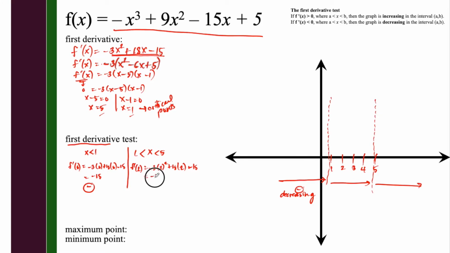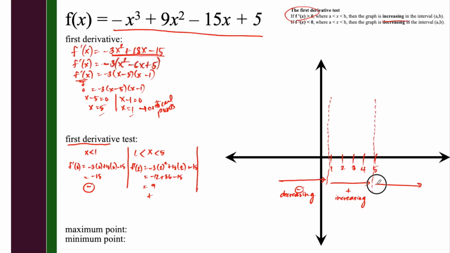So that is negative 12 plus 36 minus 15. So that is 9. So that's positive. So this tells us that the slope of the tangent lines here are positive, indicating that the graph is increasing.